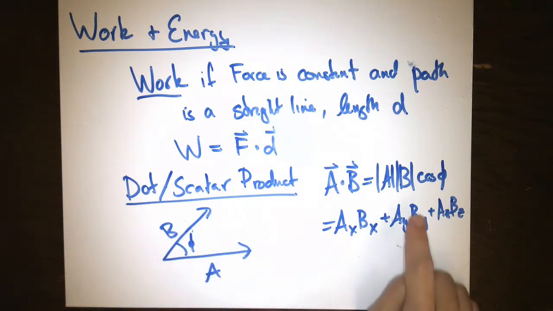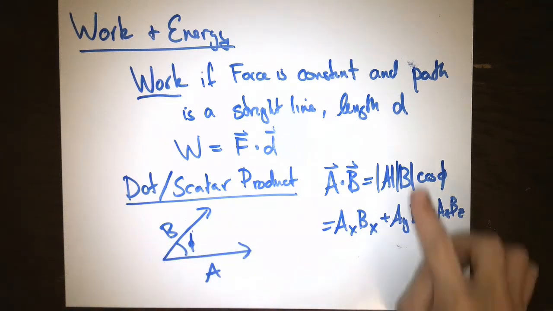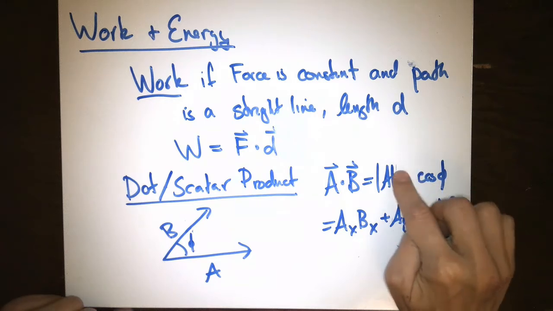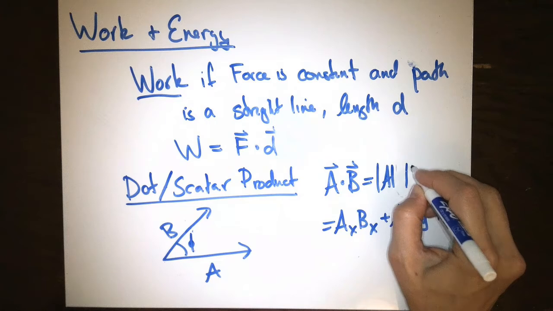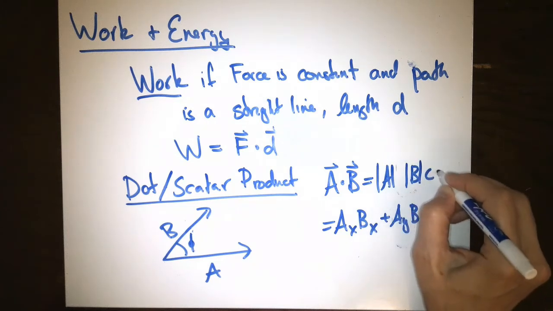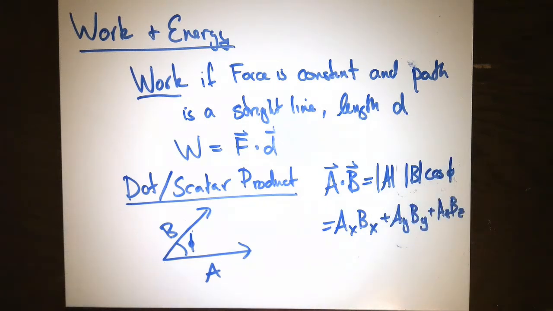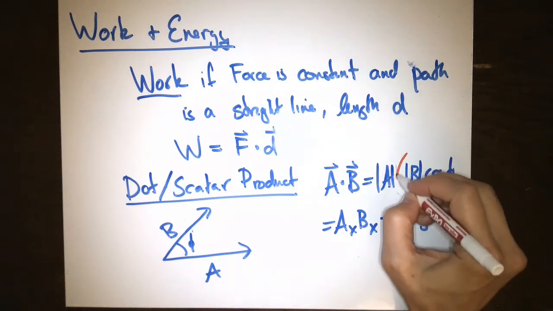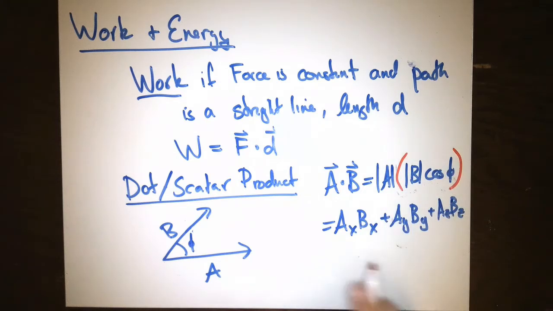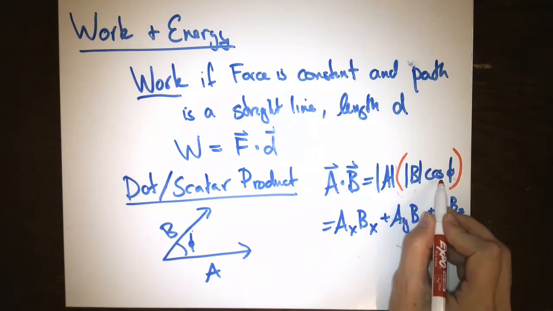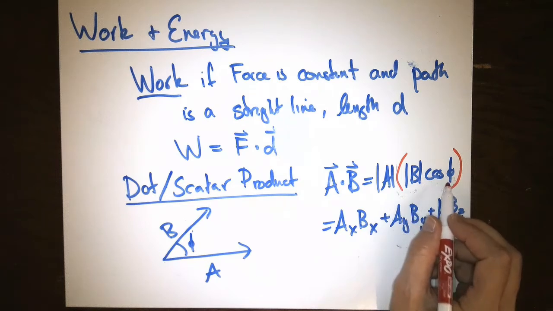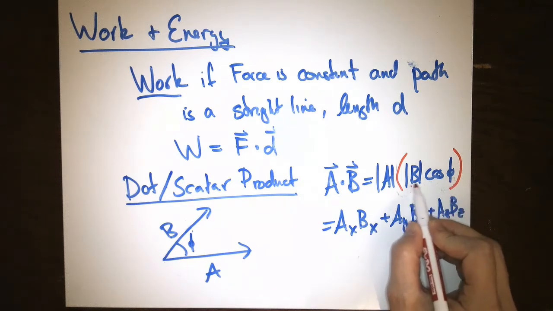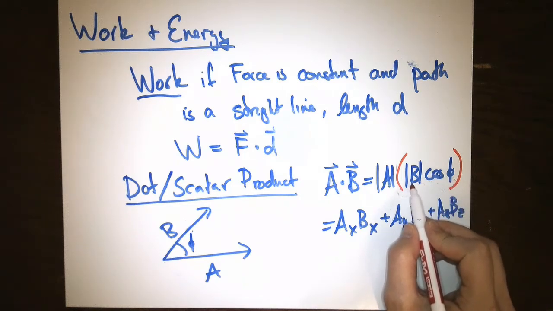All right, so what is the dot or scalar product doing? To look at that, let's group this a little bit differently. I'm just going to scooch it out to give myself a little more room. So we have the magnitude of A, the magnitude of B, and the cosine of the angle between them. What if we group it like that? What is the magnitude of B times the cosine of that angle? Well, if you're thinking in terms of vectors and components, that's the hypotenuse of the B vector.